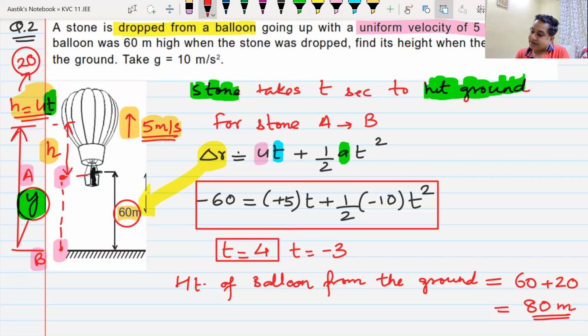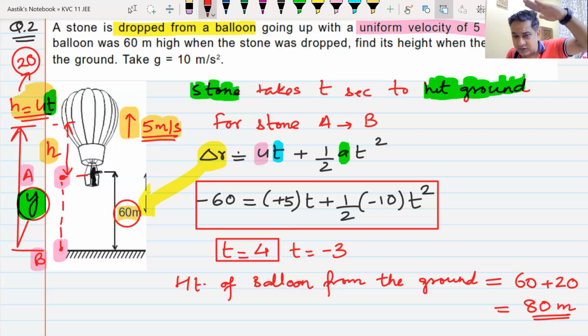Do we understand this? What has happened here? Sir, the balloon was going up. The stone was in the balloon. The stone was dropped. We have to find out the height of the balloon when the stone hits the ground. To find out that, I must find out the time taken by the stone to hit the ground. I use equation number 2, delta S is equal to ut plus half at square.